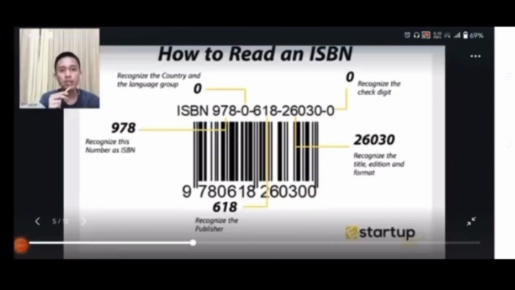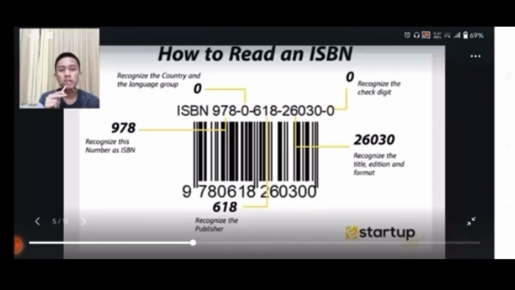In this part, I will be explaining how to read an ISBN. What I said earlier is that an ISBN consists of 13 digits. As you can see, in these 13 digits, there are dashes that separate a group of digits from one another.